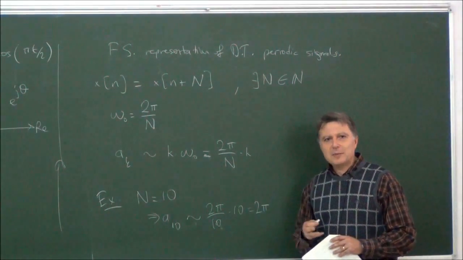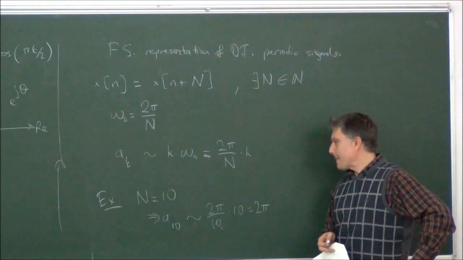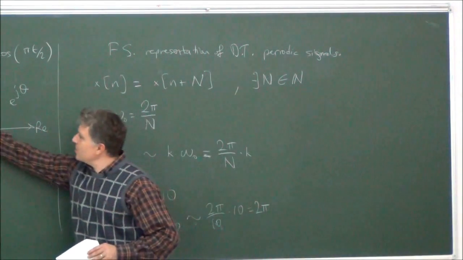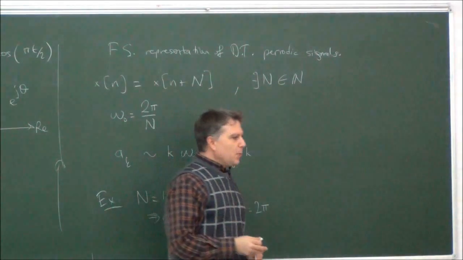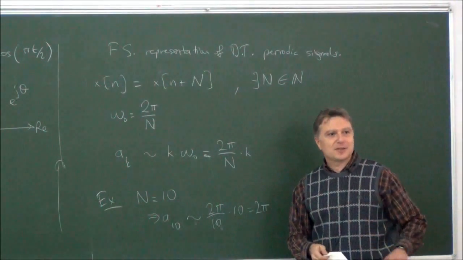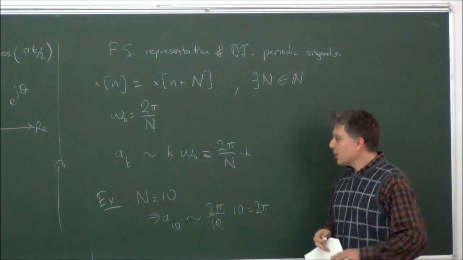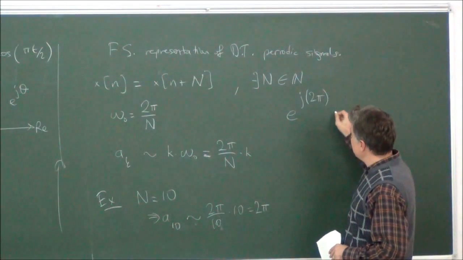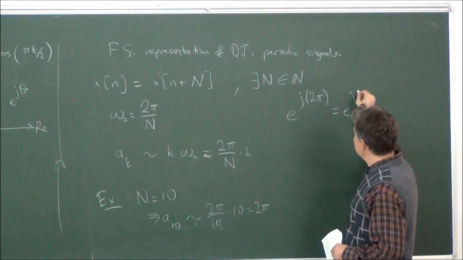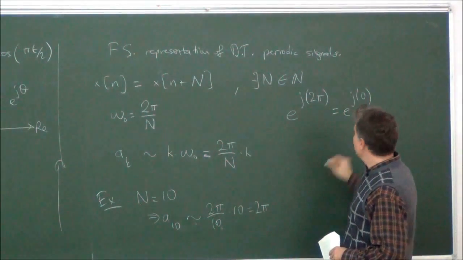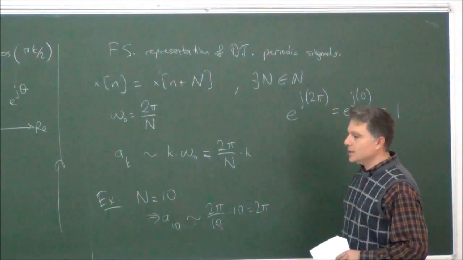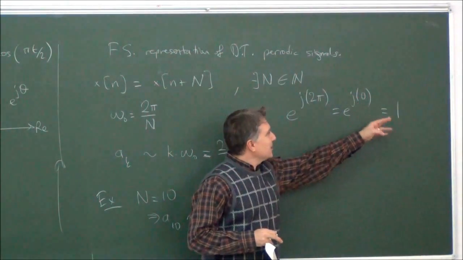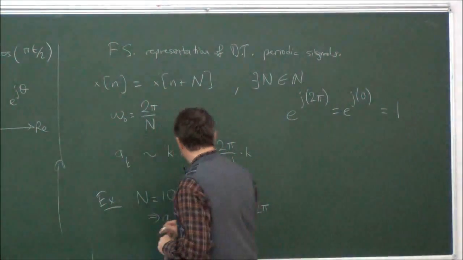Now what does 2 pi mean in discrete frequency? Consider the same circle here; 2 pi truly corresponds to the zero frequency. A complex exponential with frequency 2 pi is the same as a complex exponential with frequency 0, because e to the j 2 pi is equal to 1, as well as e to the j 0 is equal to 1. So 2 pi is DC.